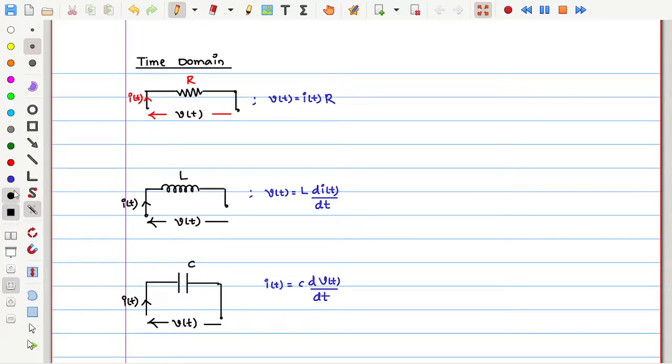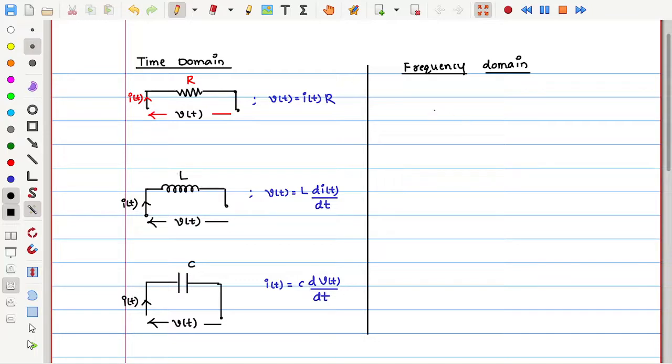Now, when we deal with these elements in the AC system, which are usually excited by sinusoids, it is preferable to use the phasor form in which the function of time will be eliminated. So we call such a domain the frequency domain. Here we will not see voltage, current, everything as a function of time. We just see everything in phasor domain or phasor form.